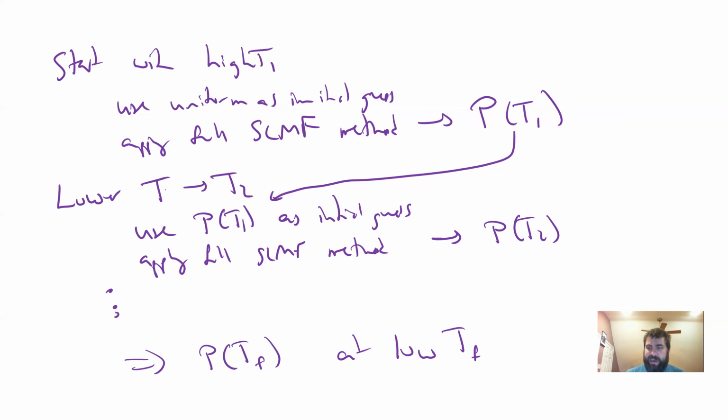You don't need to have a continuously varying stream or very, very small temperature differentials. You can take reasonable jumps in temperature space to get to this answer. All right. This method, self-consistent mean field, has a number of really great advantages.